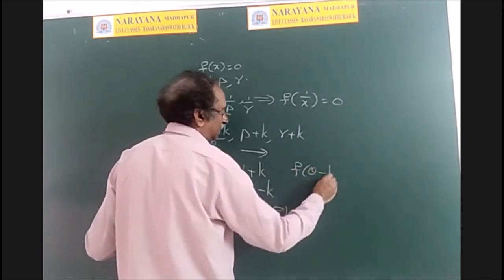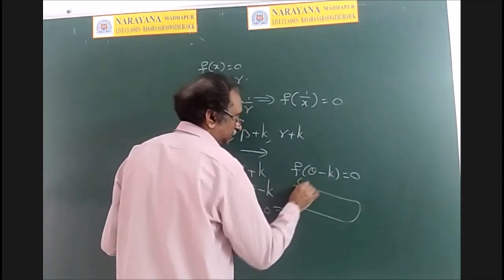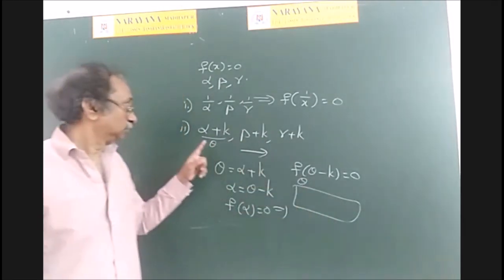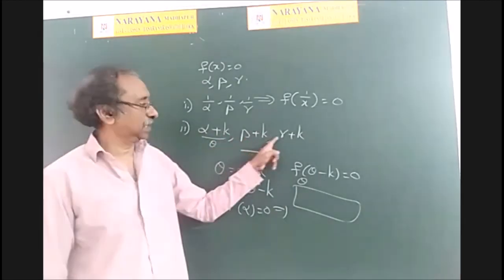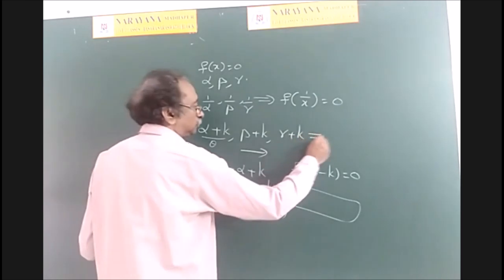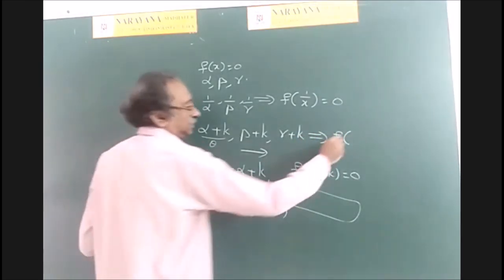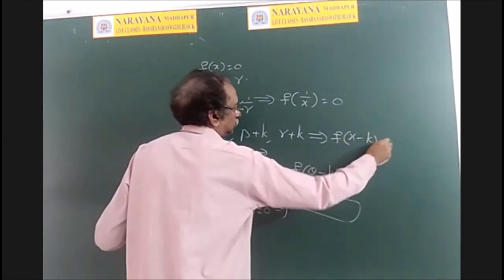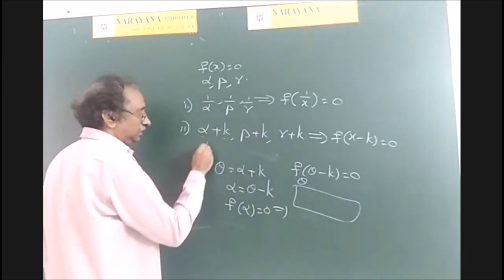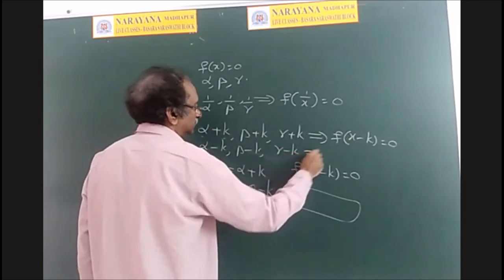Therefore f of theta minus k is equal to 0. If you expand that, you will get an expression in theta, which means theta is a root of that equation. Therefore, to get alpha plus k, beta plus k, gamma plus k as roots of some equation, we have to take f of theta minus k, that is, f of x minus k is equal to 0. Similarly, for alpha minus k, beta minus k, gamma minus k.